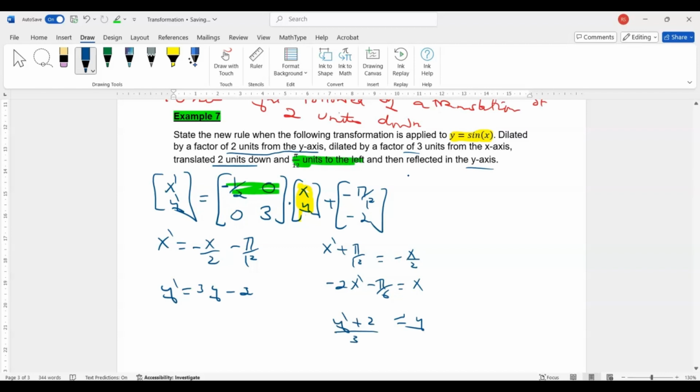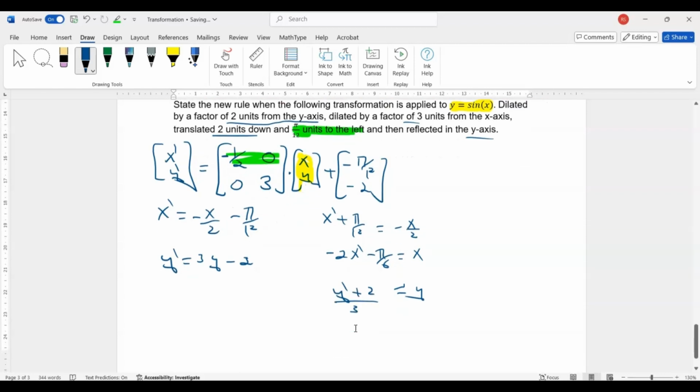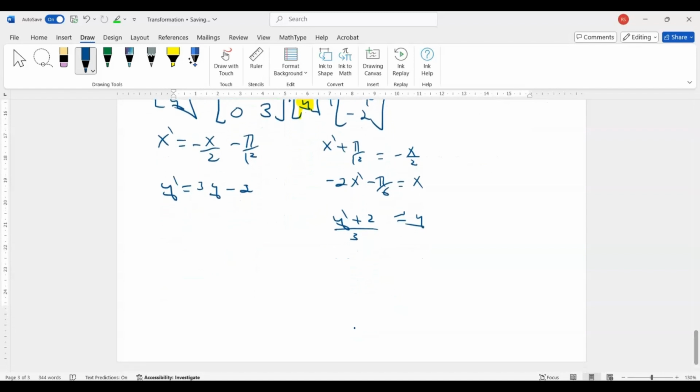So we go back to the original function and make y the subject. My original function was y equals sine x. Now substitute. So y image plus 2 over 3 equals sine, and the new x is basically negative 2x bar minus pi on 6, and make y the subject.